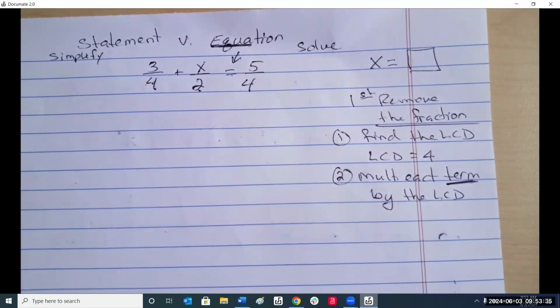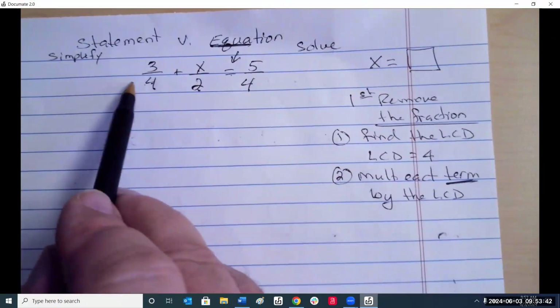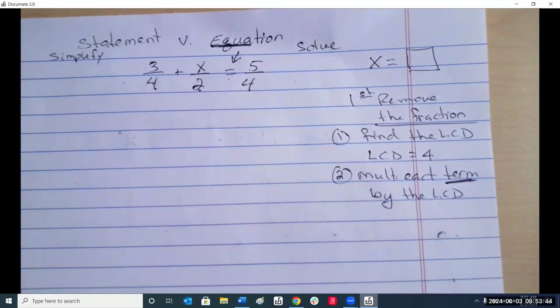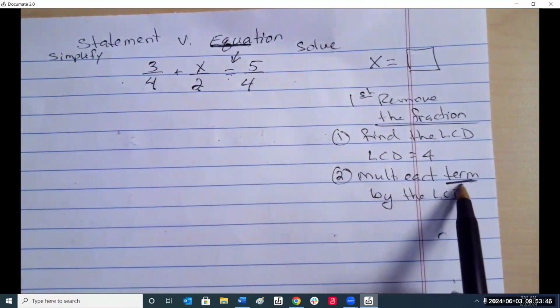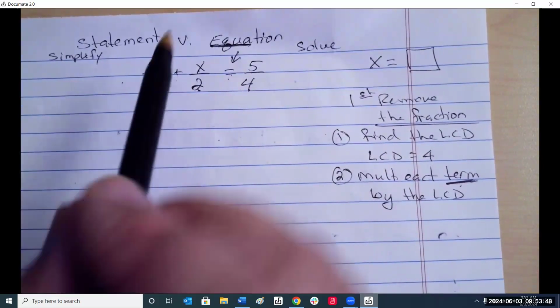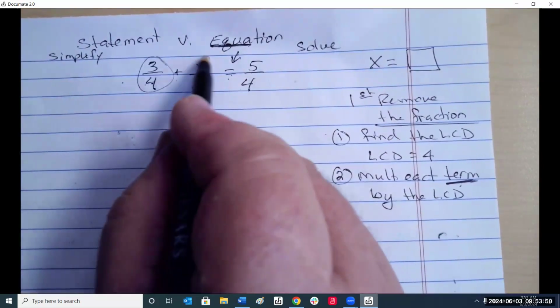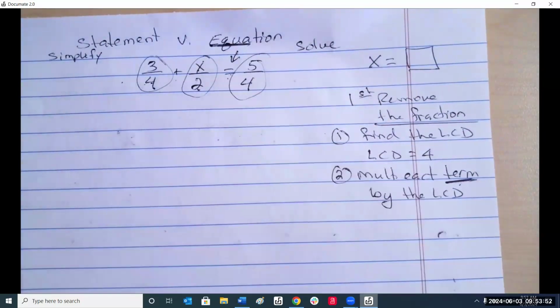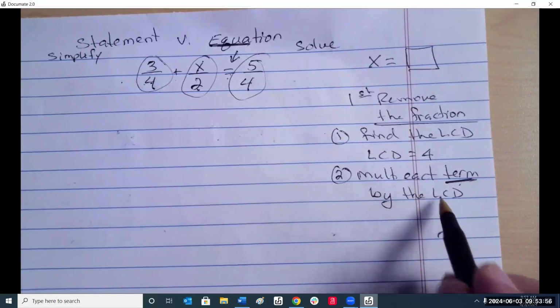So what defines a term? A term is anything separated by a plus, minus, or equal. So here we have 1 term, 2 terms, 3 terms.